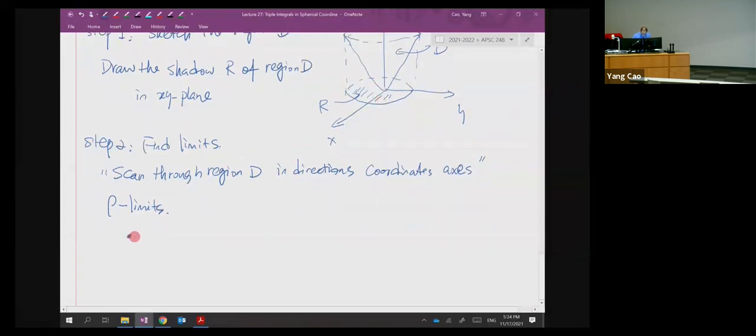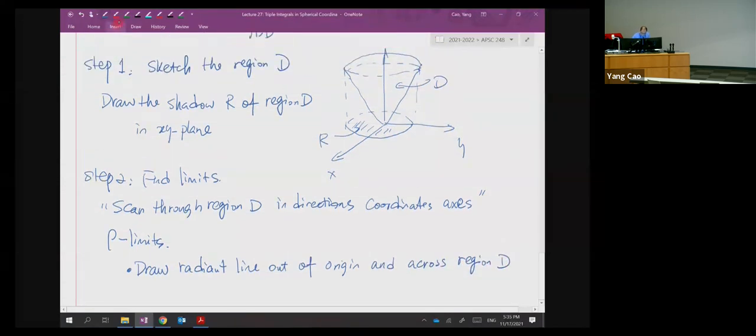So first, you draw a reading line out of the origin and across region D. Starting from the origin, you draw it all the way across this region D. That's the scan in the direction of the rho axis.